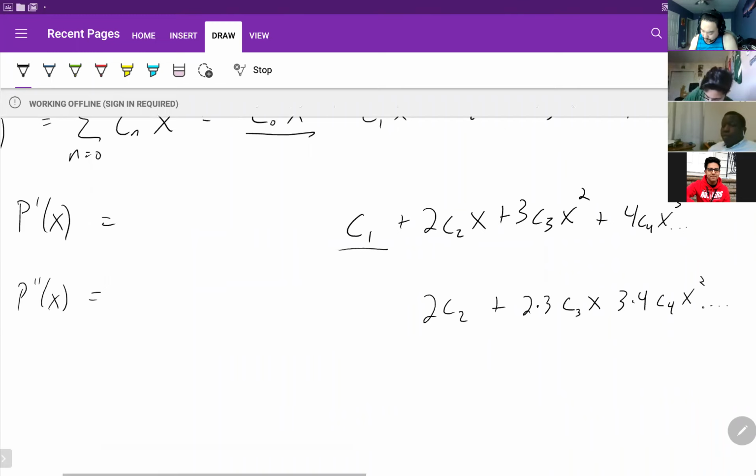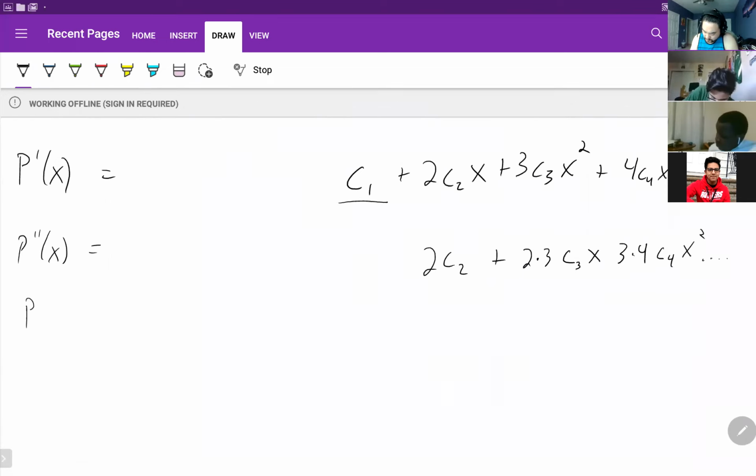Then I'm going to do the third derivative. I'm going to do this until you see the pattern, because a pattern starts to emerge. 2 times 3, c3, plus 2 times 3 times 4, c4x.